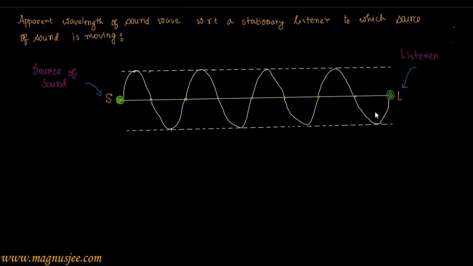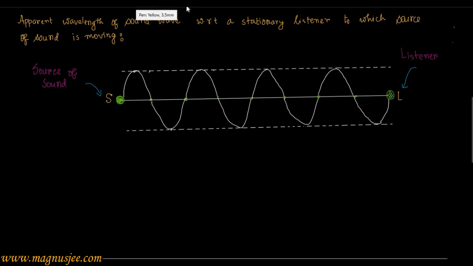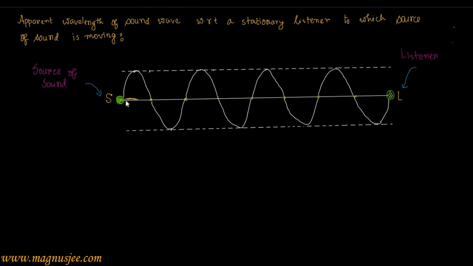In this way, the sound wave reaches the listener L. Here V is the velocity with which the sound wave propagates in the medium from source to listener.